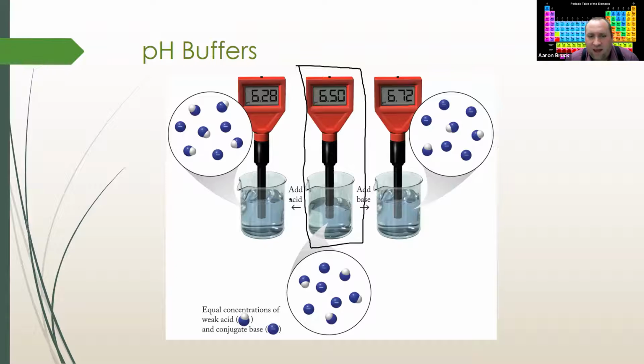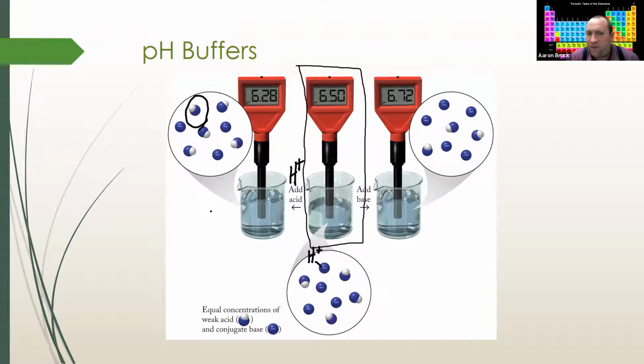If I add some acid to this, some of those negative ions grab onto the extra hydrogen that was brought in by adding the acid. Remember, adding acid adds H+. And so one of these picked up an H+ and became an acid molecule.